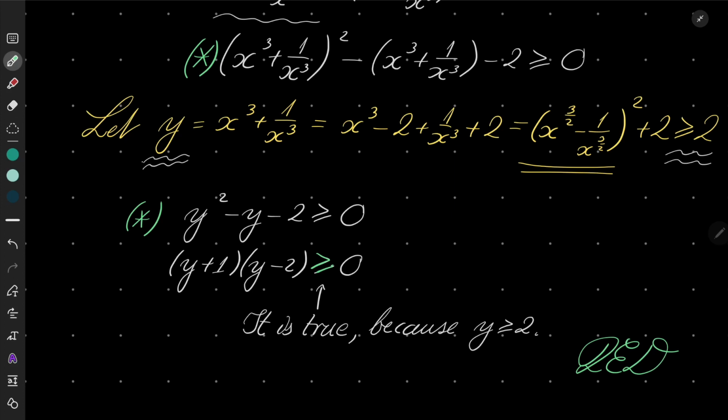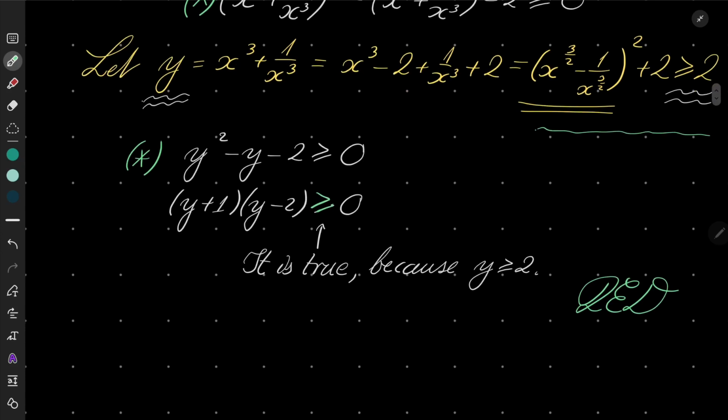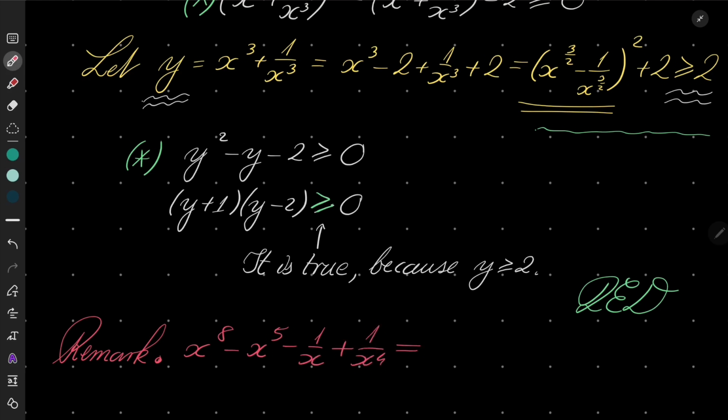And that happens exactly when x equals 1. So, a remark: x to the power of 8 minus x to the power of 5 minus 1 over x plus 1 over x to the 4th power equals 0 if and only if x equals 1. It's a byproduct of our reasoning.